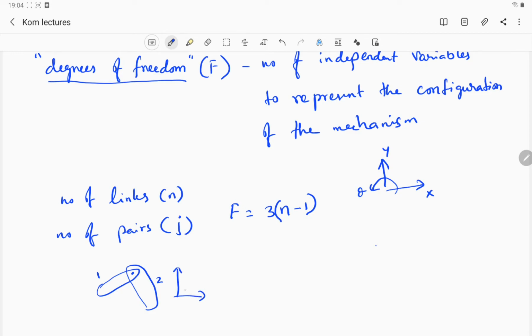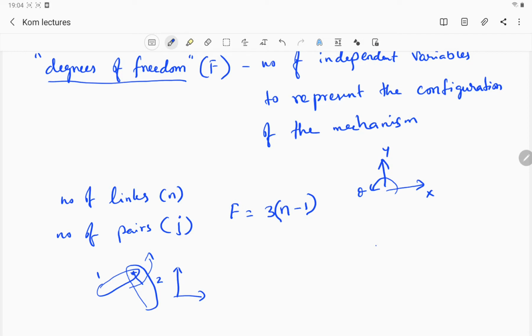It can only have a rotation with respect to that hinged point. Therefore, a hinged point arrests 2 degrees of freedom.